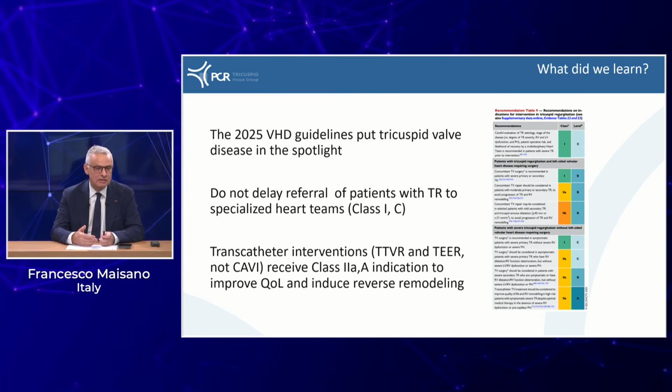Delayed referral means that medical therapy, we know, can be effective on symptoms for a limited time, but it does not delay the evolution towards overt right ventricular failure and the phase of the so-called futility. And finally, transcatheter interventions received a class 2A, level of evidence A indication for improving quality of life and to induce reversible remodeling in our patients.